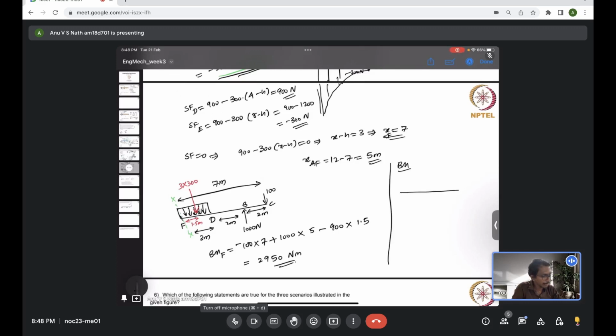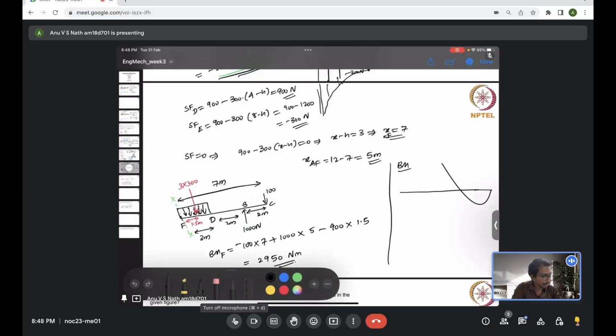So if you see, its shape should be, so from the free end, not at the free end, actually there is a loading, so it should increase something like this, then it should go like this and reaches a maximum and it changes slope and come to 0.